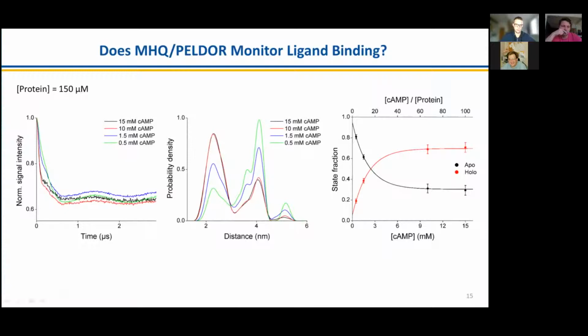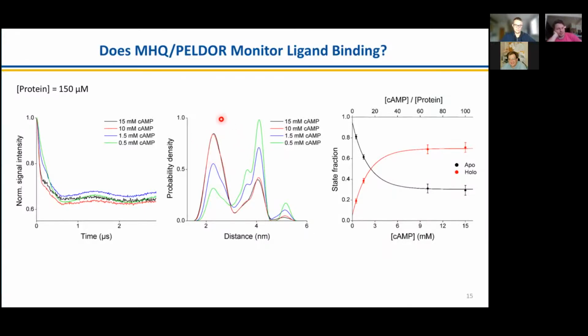What we can see from the distance distributions is that, of course, the larger the CMP concentration is, the less of the apo state we get and the more of the holo state we get. This is intuitive. But what we can also see is that as soon as we are at a concentration of 10 millimolar of CMP, we are in saturation.